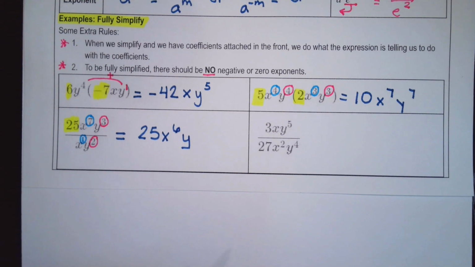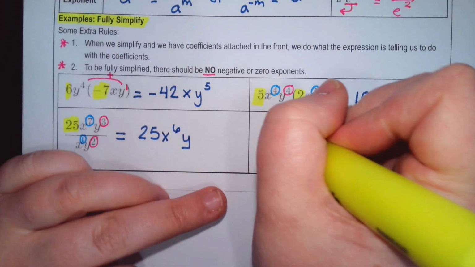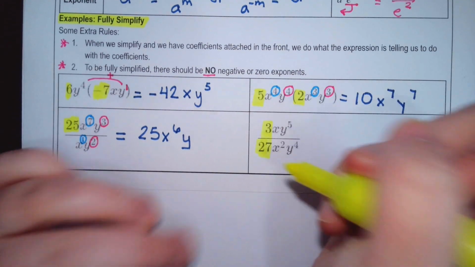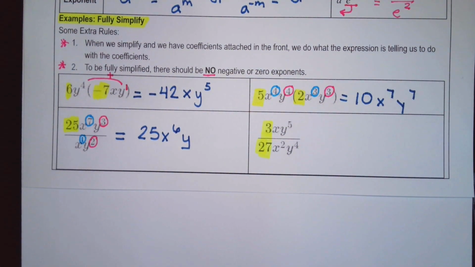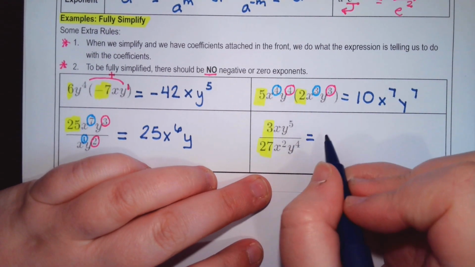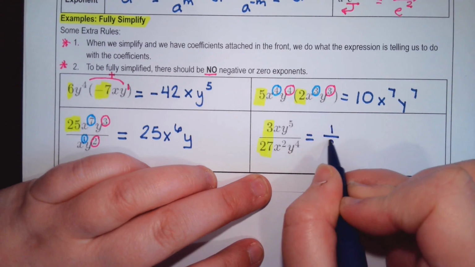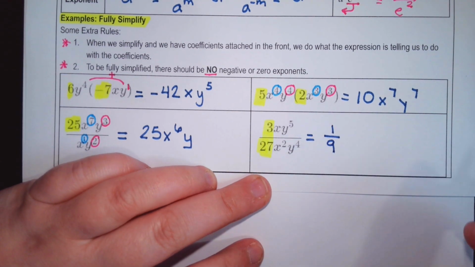All right, last one for this page, and then we have a plethora of more in the next. So here, again, we look at our numbers. We can't take 3 divided by 27, but we can simplify this as a fraction. So we can take this 3 over 27 and write it as 1/9.